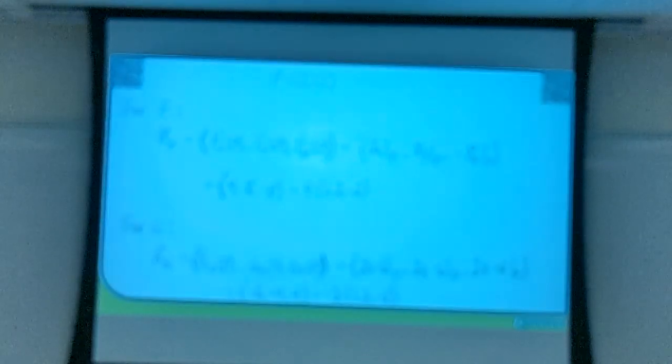True, but be more specific. What does it mean for two vectors to be parallel?